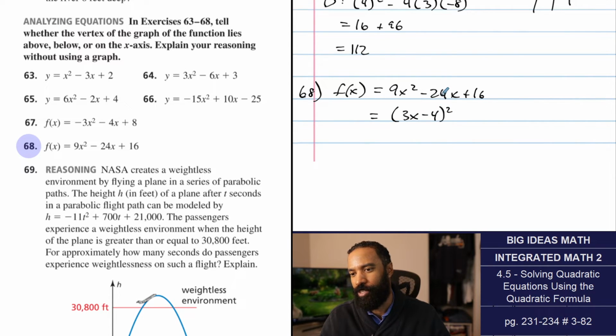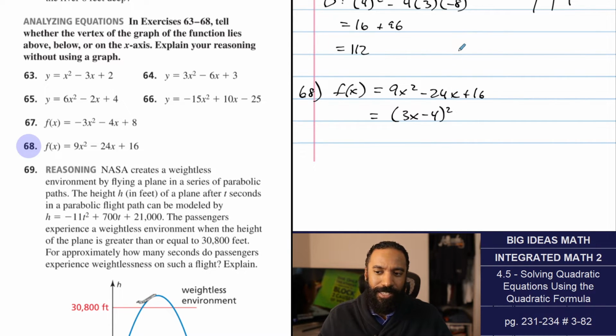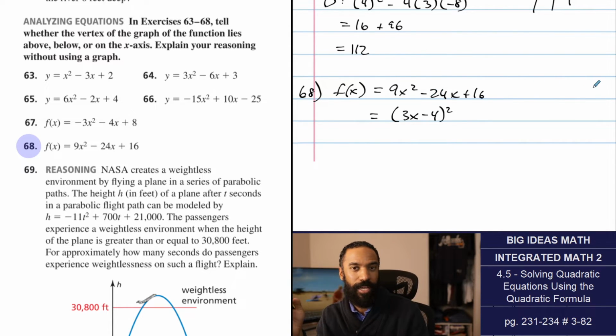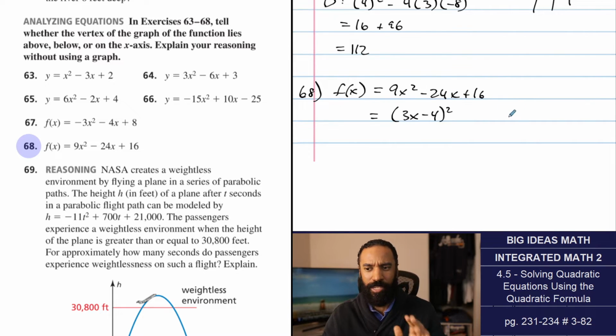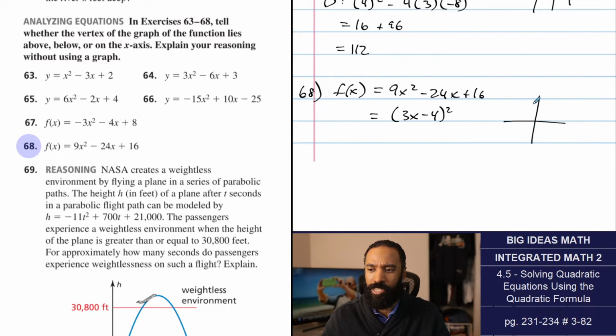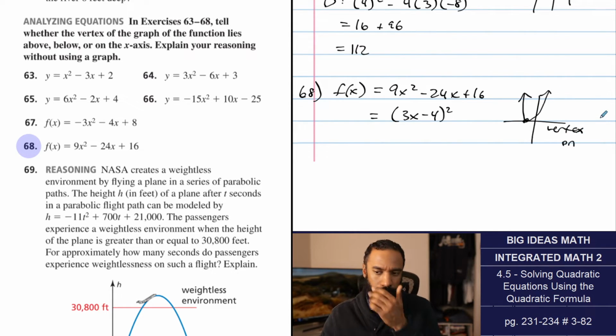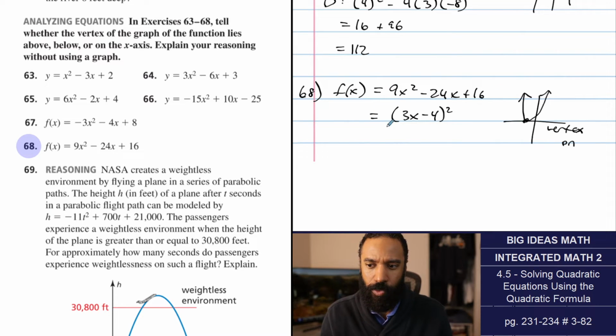Now this isn't vertex form, but it's the same concept of vertex form. It's a perfect square trinomial, and set equals 0. There's only one solution. I could have factored a 3 out in some capacity here. This is a vertex on the x-axis. Whether it faces up or down doesn't matter. This is vertex on. Because one real solution from perfect square trinomial.